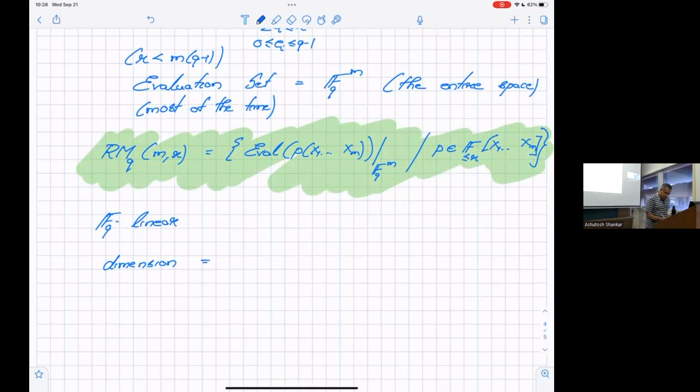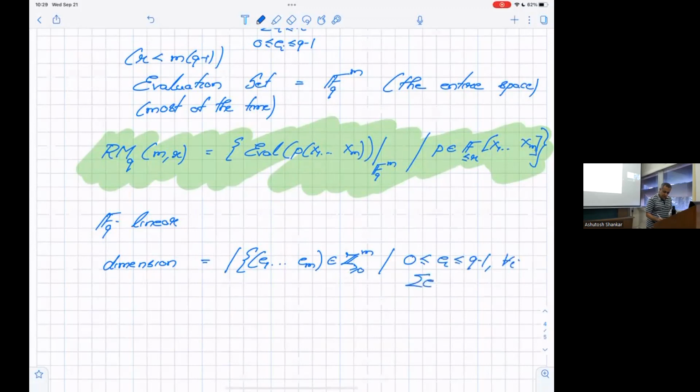So it's the size of the set of e in the non-negative integers to the power m, such that 0 is less than or equal to ei, less than or equal to q minus 1 for all i, and the summation of ei is less than or equal to r. It's the size of that set. This is not necessarily a nice number.